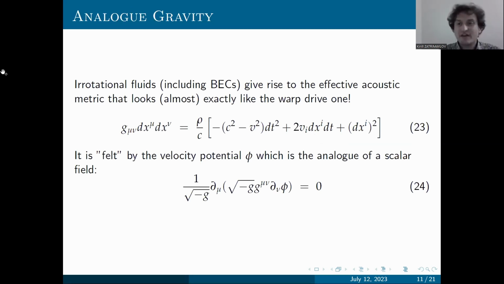Analog gravity refers to the fact that some kinds of fluids without rotation, including Bose-Einstein condensates, produce this kind of effective acoustic metric, on which the velocity potential propagates. The velocity potential is the analog of the scalar field in this case.